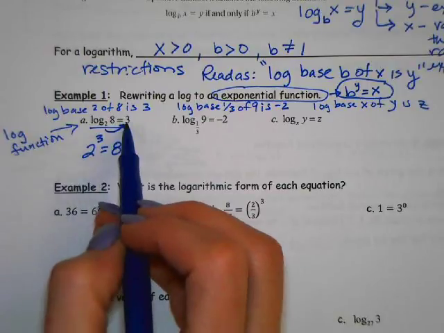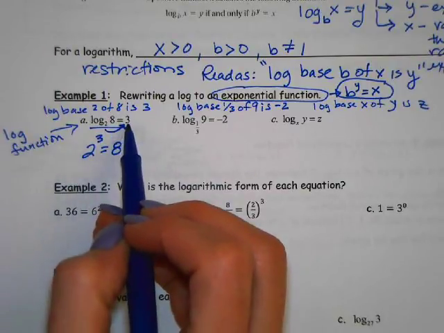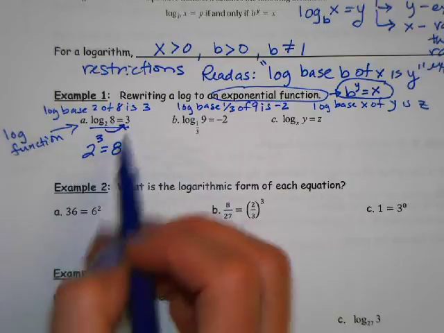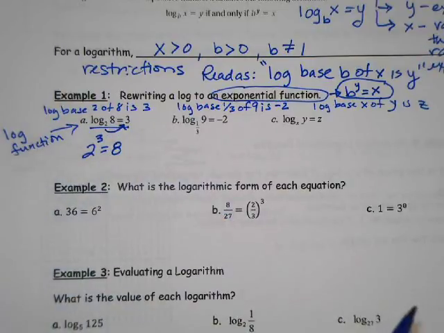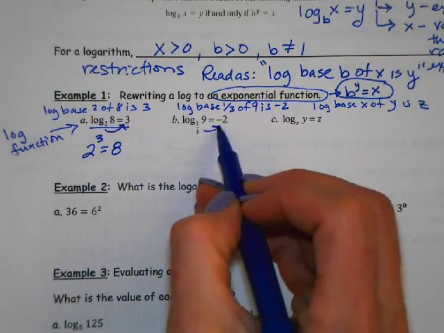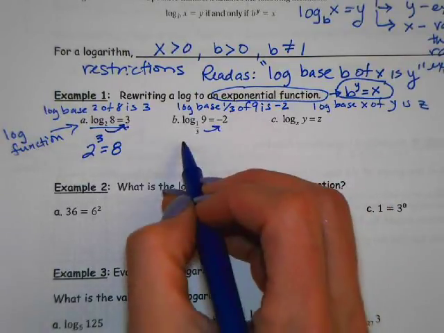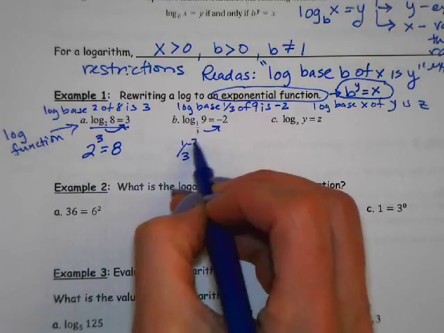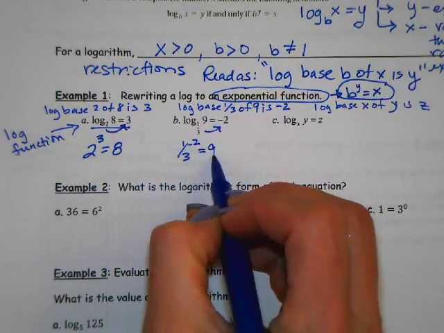It's just going to swing underneath the number it equals, and then it equals the answer, which is 8. So what would this one be? The 1/3 swings underneath the -2, so it becomes 1/3 to the -2, and that equals 9.